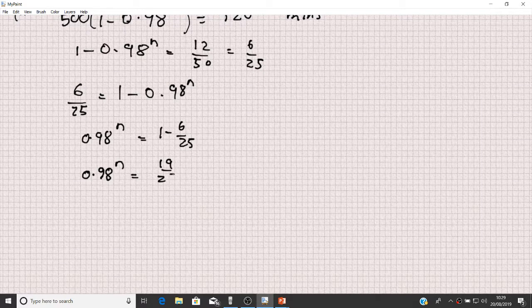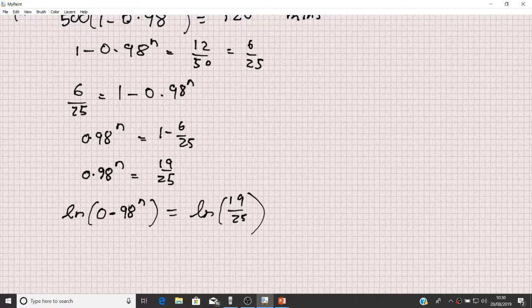Now, this is the point where we will need to use logarithms, and we'll be doing this in later lessons. So when the unknown is in the power, I can find the unknown by taking ln of both sides. So ln of 0.98 raised to the power of n equals ln of 19 over 25.